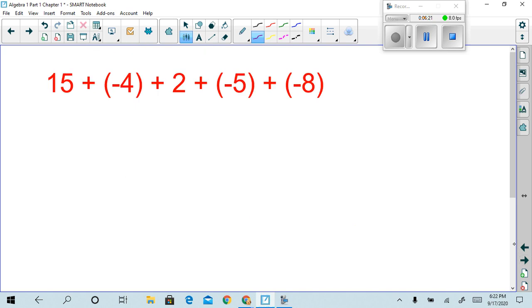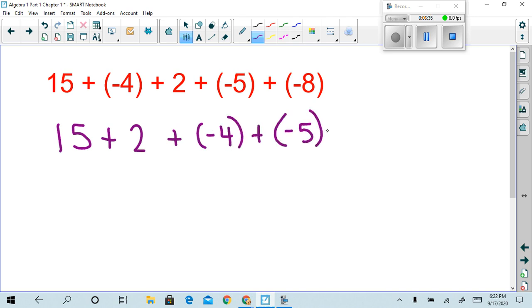Let's do one last one to end this lesson. Again, I see positives and negatives, so I'm just going to use my commutative property. I'm just going to relocate so I can have a whole series of numbers. I'm going to add my positives first. 15 plus 2 is 17.